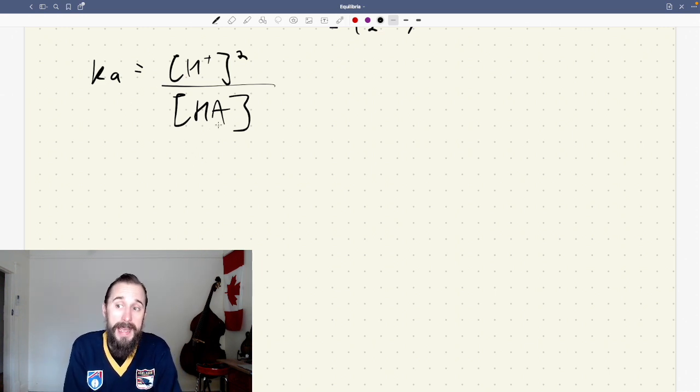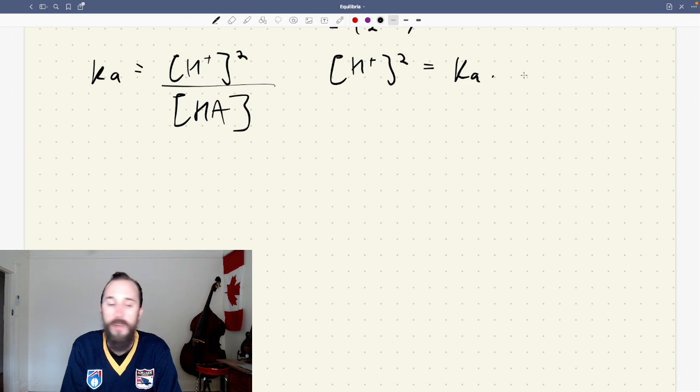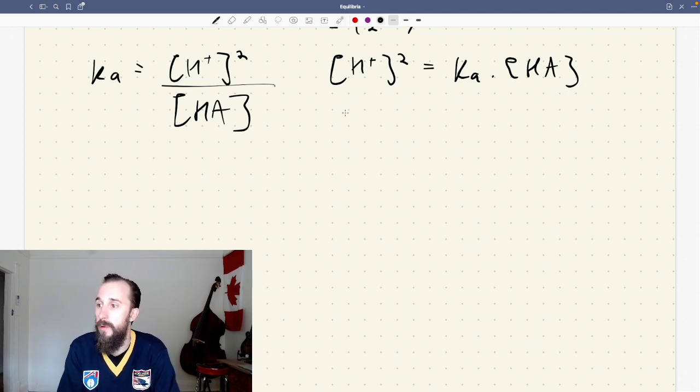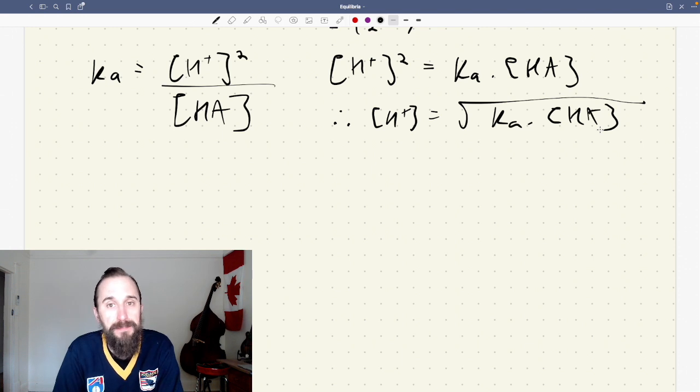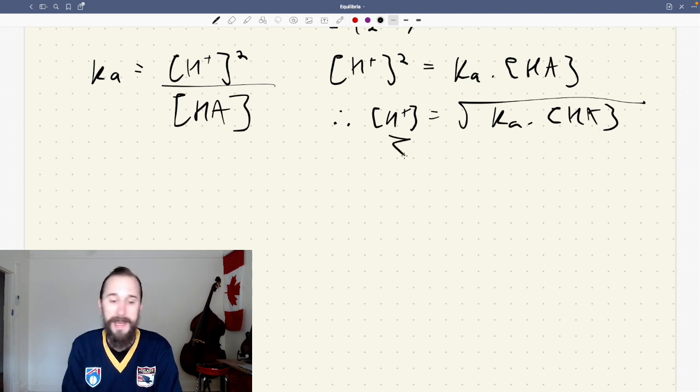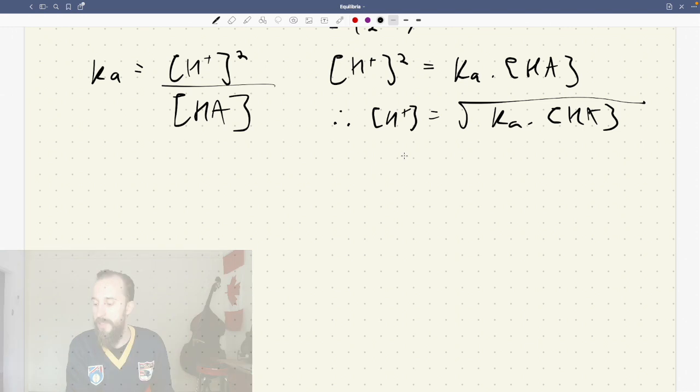If we're given the Ka and the HA concentration, then we can rearrange this to get the H plus value. So the concentration of H plus squared equals the acid dissociation constant multiplied by the concentration of our weak acid, and therefore our concentration of H plus is equal to the square root of the product of these two variables. If we have that, we can get a pH for our solution.